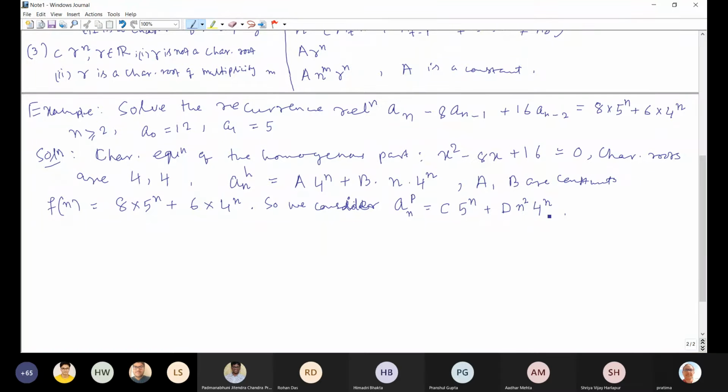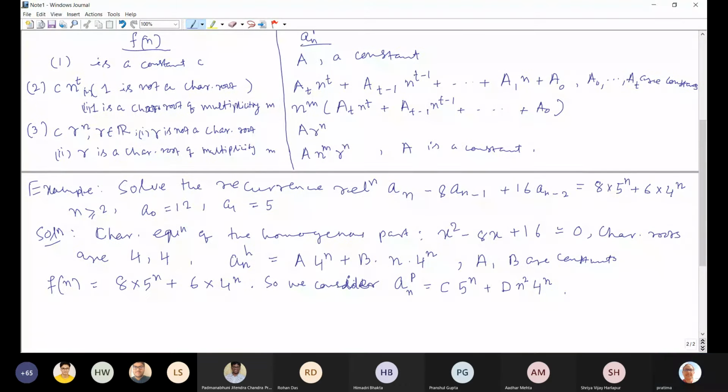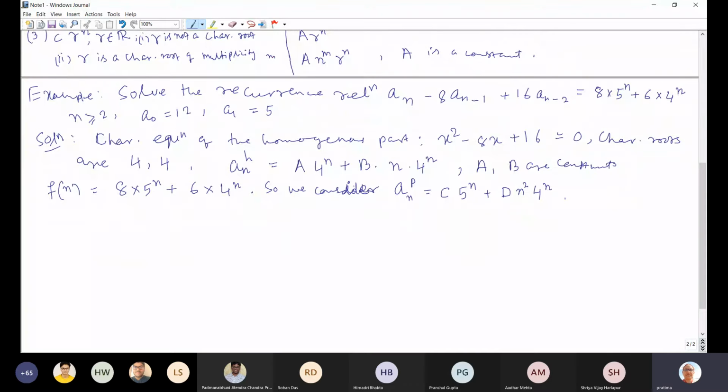Now we take this particular solution and substitute it in the recurrence relation, say equation 1.